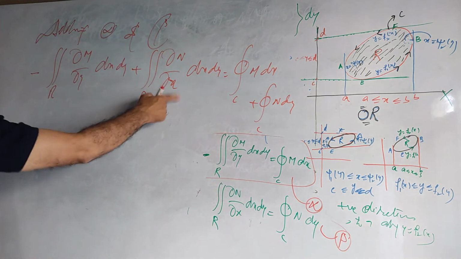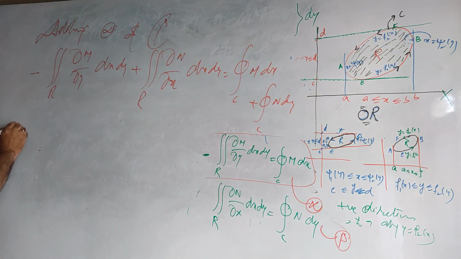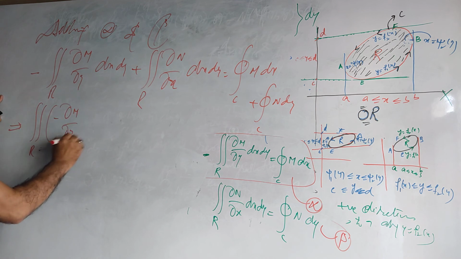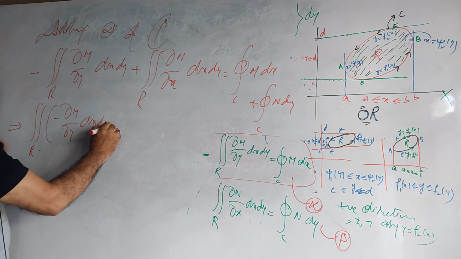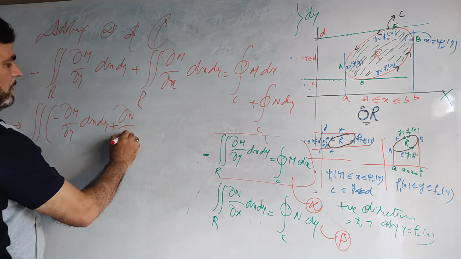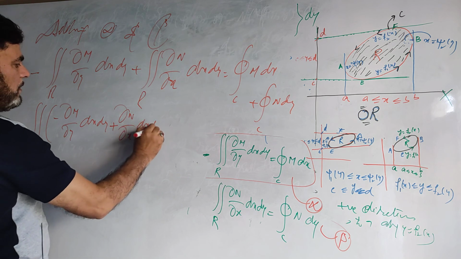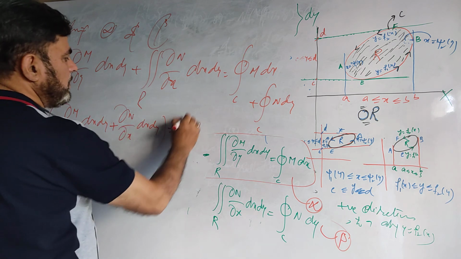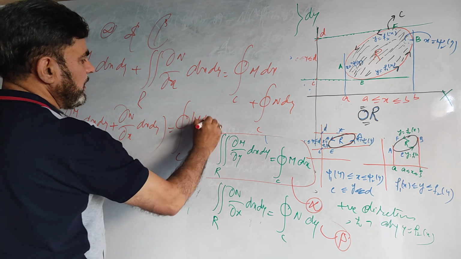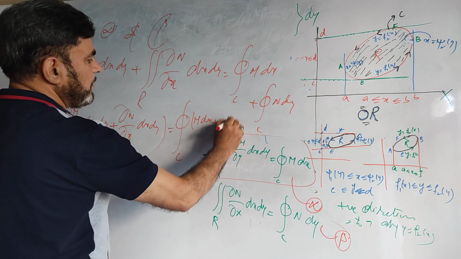Now when you combine the two, it implies the line integral over C of m dx plus n dy.